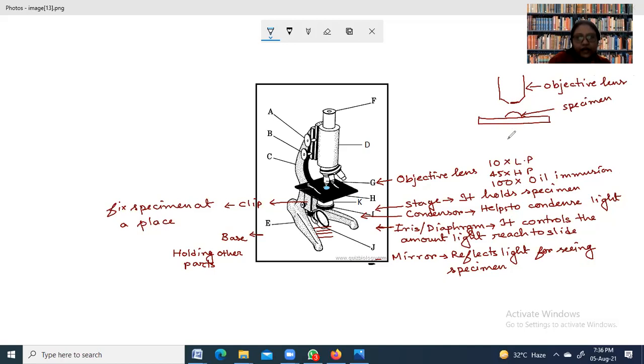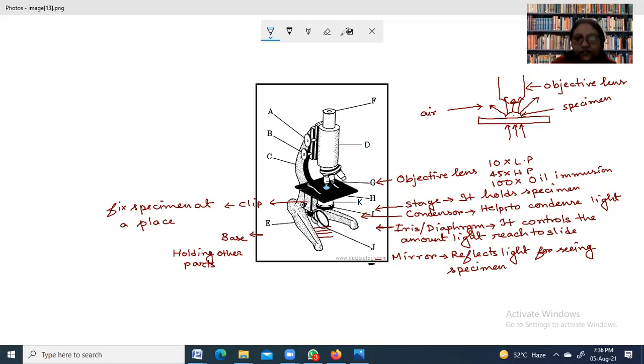Normally the beam of light coming from the condenser will pass through the specimen, and after passing through the specimen, before it can go to the objective lens, it will have air as the medium. So what will happen? Here there will be refraction, and only a portion of the light beam can go into the objective lens. Do you agree with me? Yes, ma'am.